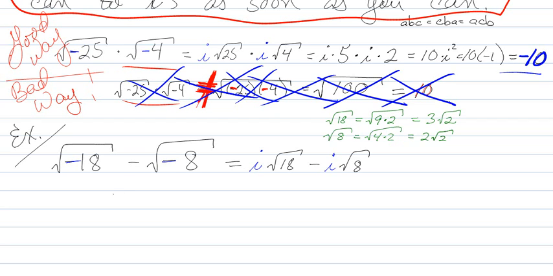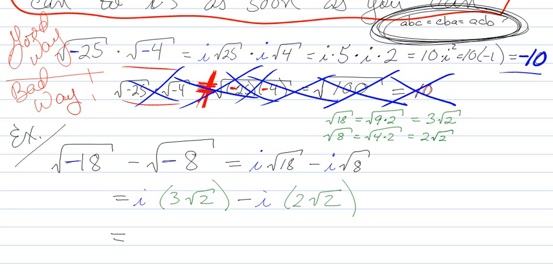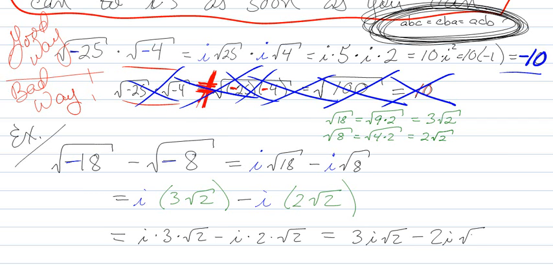So I can get i times 3 root 2, and then i times 2 root 2. Because multiplication is flip-aroundable, I can rewrite that as 3i root 2 minus 2i root 2.